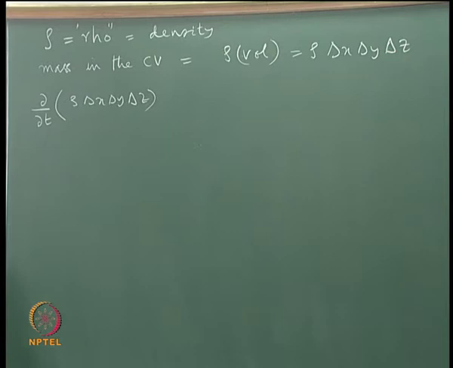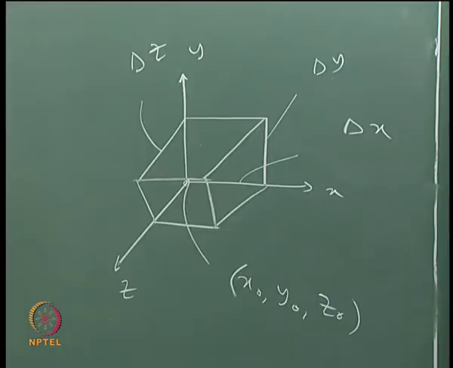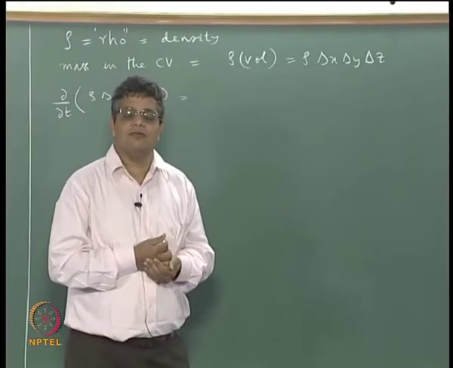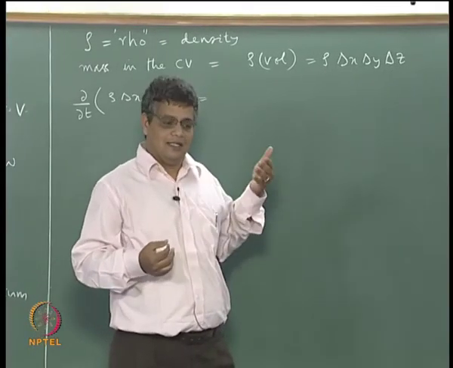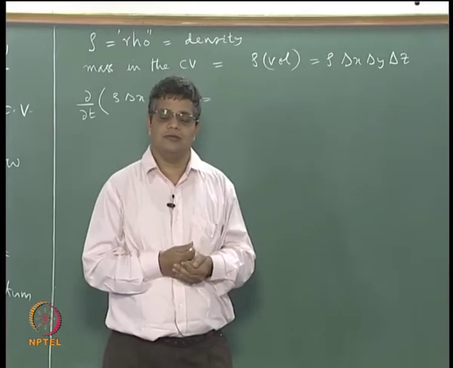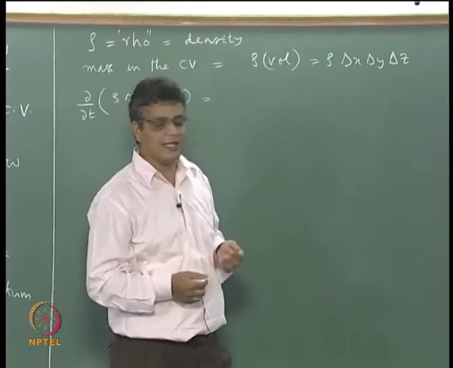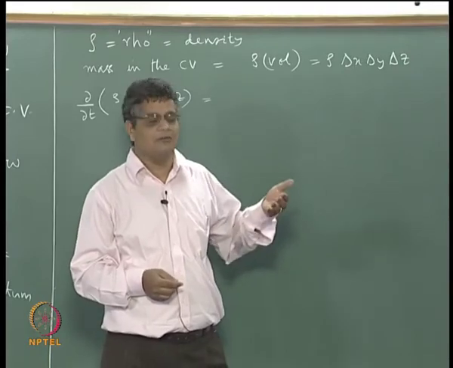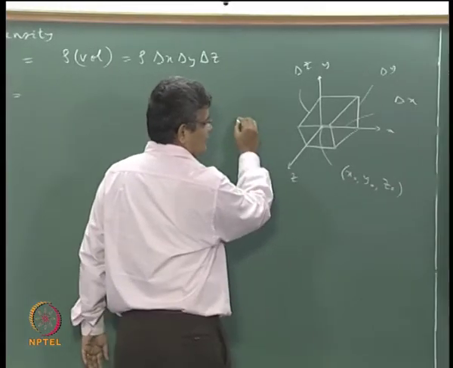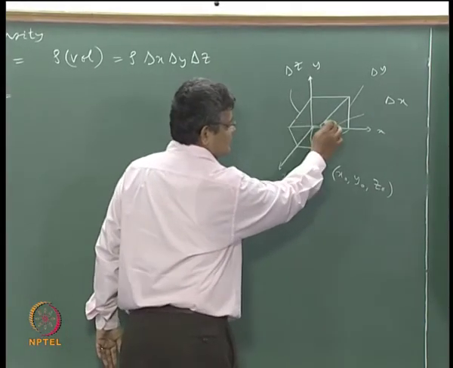Now this, we are saying, is equal to the rate of inflow of the fluid into the control volume and rate of outflow. Now when we talk about inflow and outflow, what we are saying is that there is a velocity field u, v, w, representing the velocity components in the 3 directions, and because of this velocity, flow is coming through this space and then going out through this space.